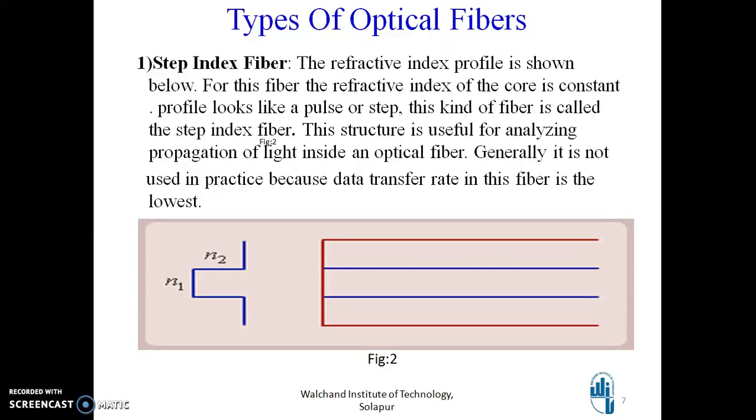This profile somewhat looks like a pulse or step, and this kind of fiber is called a step index fiber. This structure is useful for analyzing the propagation of light inside an optical fiber. Generally, it is not used in practice because the data transfer rate in this fiber is very low.